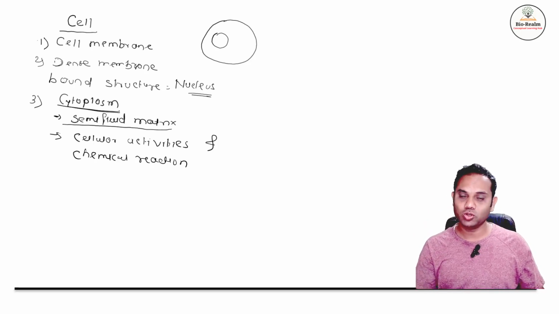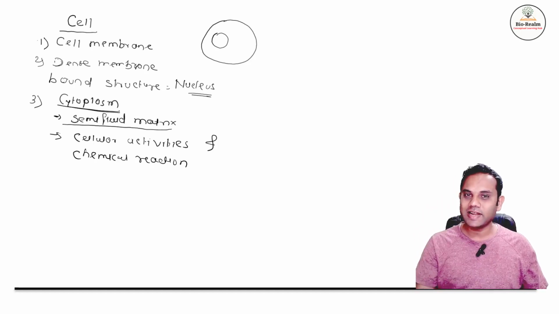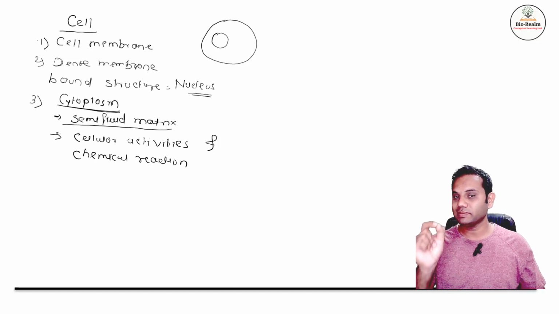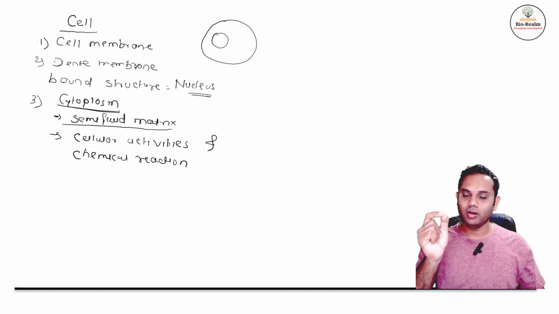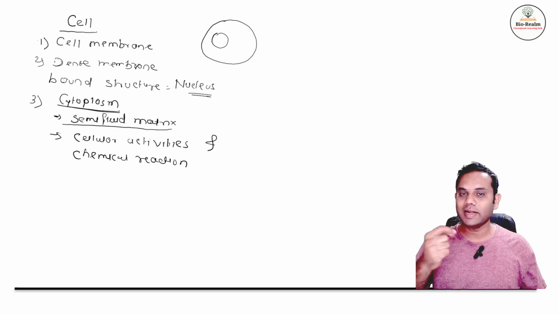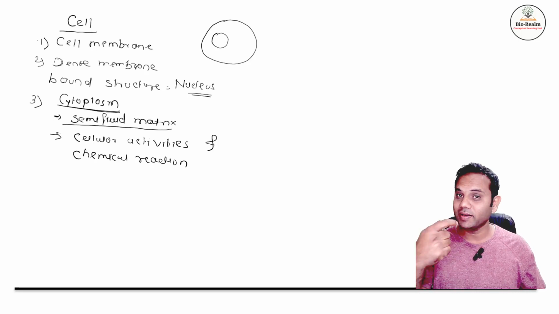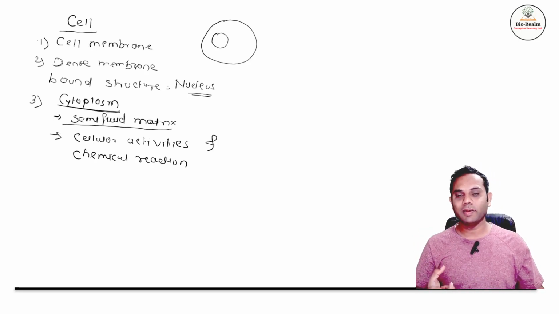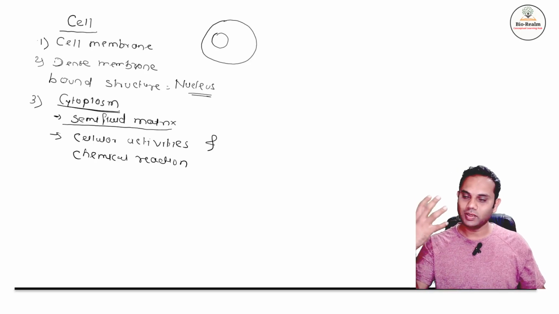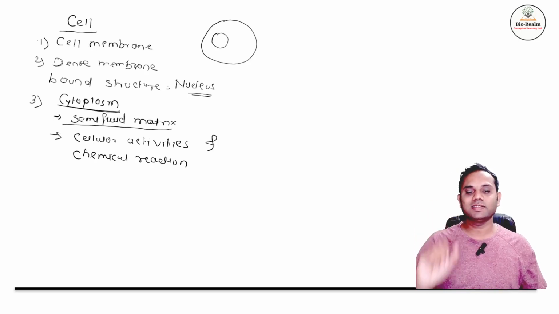So all these collective chemical reactions occurring in the cell keep that cell in a living state. A very important point, given in your NCERT book, is that cytoplasm is the main arena where the different cellular activities are carried out, which consist of different kinds of chemical reactions, and that collectively makes the cytoplasm.